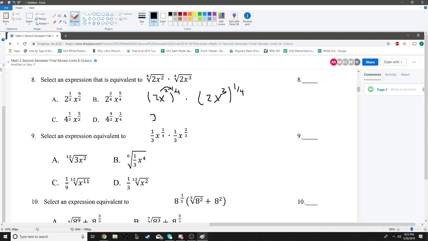So this becomes 2 to the 1/4 times x to the 1/4 times 2 to the 1/4 times x to the 3/4. Now, as you combine the 2's, 2 to the 1/4 times 2 to the 1/4, that becomes 2 to the 2/4. And as you combine the x's, x to the 1/4 and 3/4, that becomes x to the 4/4. And as you reduce the fraction, this is 2 to the 1/2 times x.